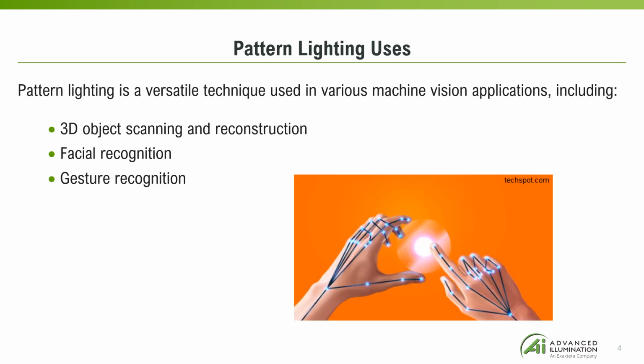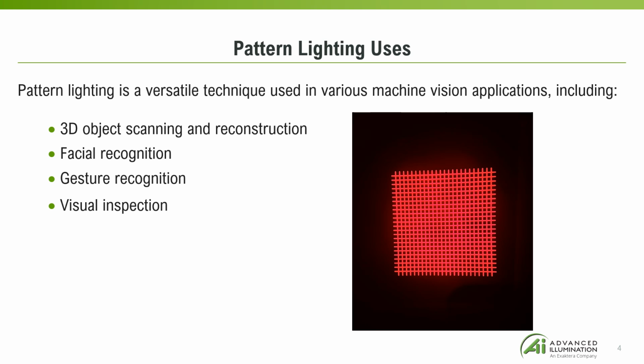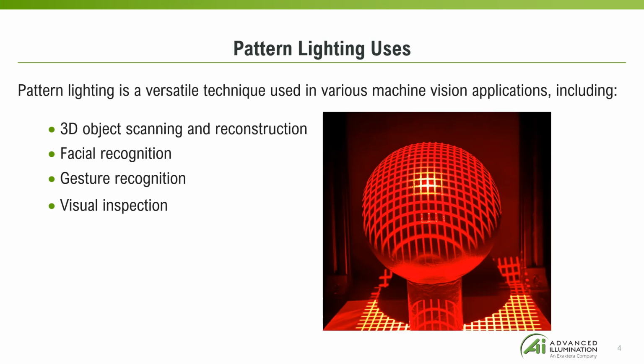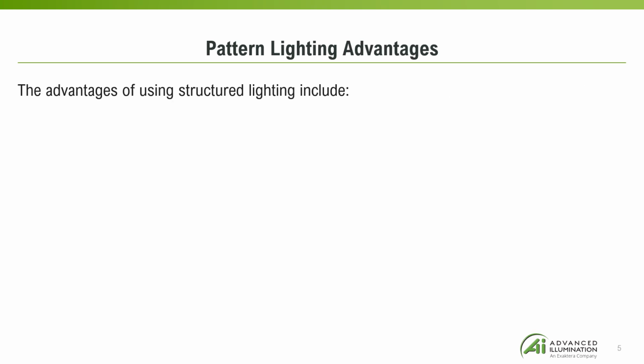For gesture recognition, patterns are projected onto the hands or other body parts, or pattern light can be used to track and interpret gestures. And for visual inspection, pattern light can be used to detect defects on surfaces in manufacturing and quality control applications.